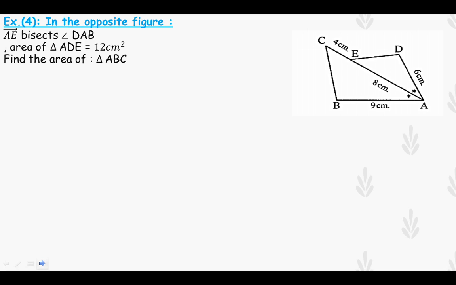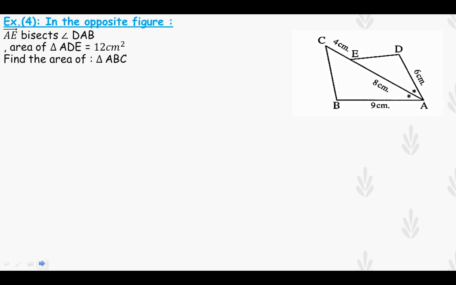You have to know that to find the ratio between the areas of two similar polygons, they must be similar. So the first step is to prove that the two triangles are similar. Then the ratio between their areas equals the square of the ratio between any two corresponding sides.